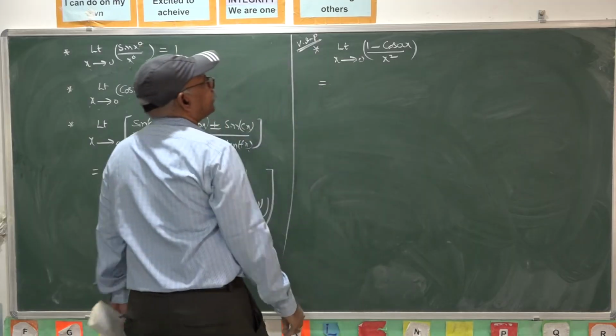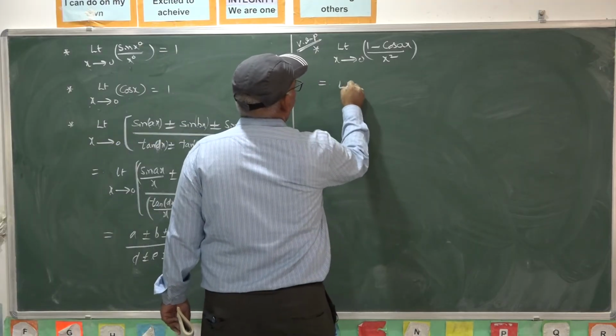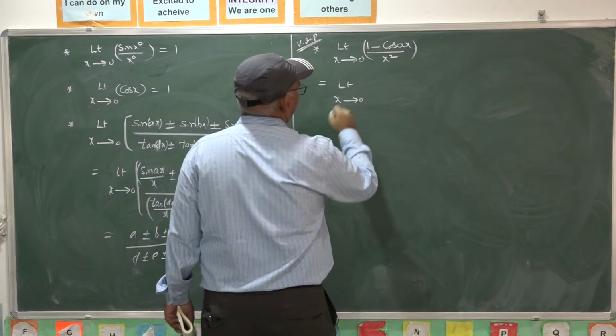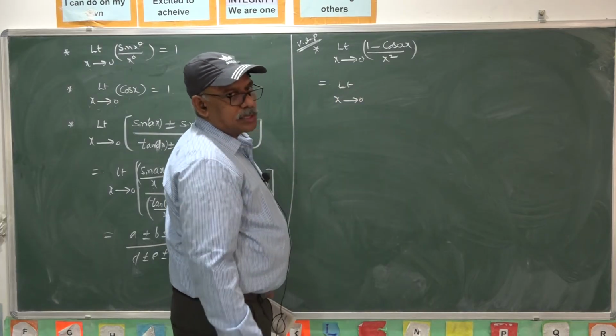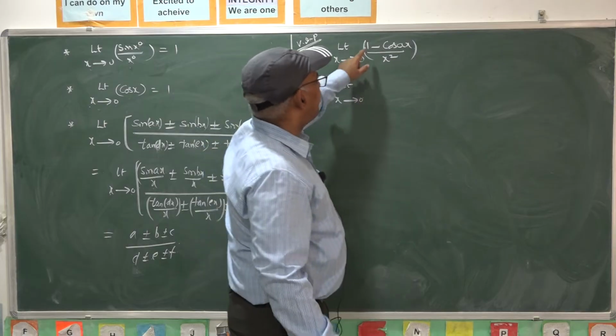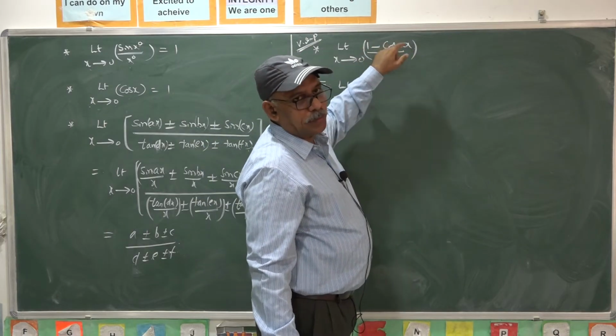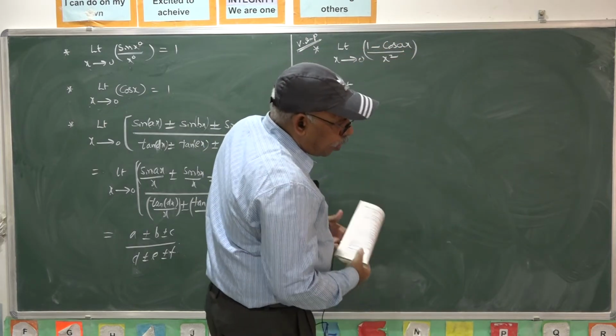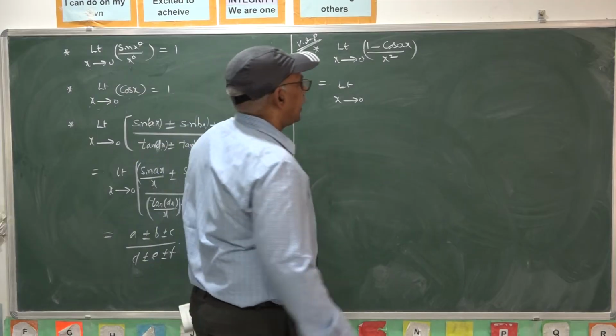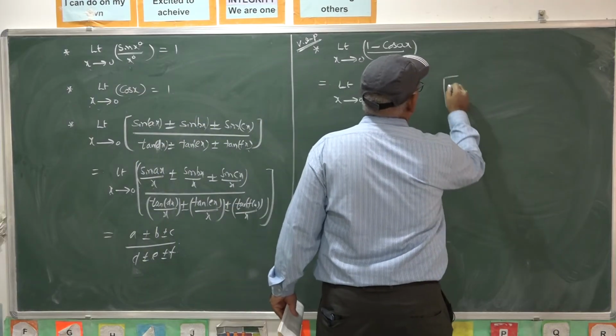This is of the form 1 minus cos theta, which has a half angle formula.